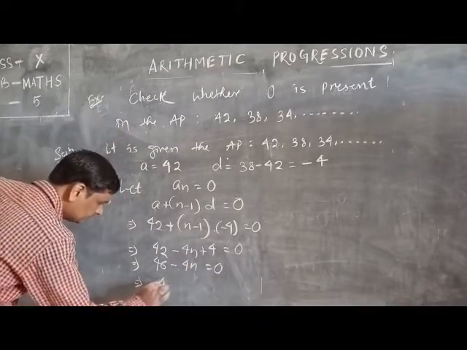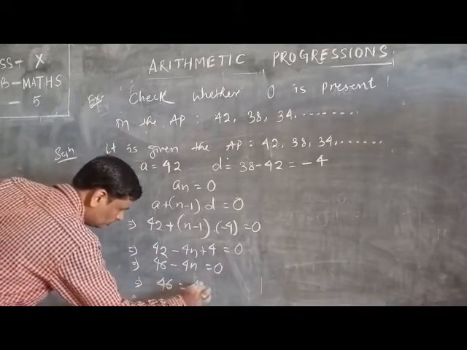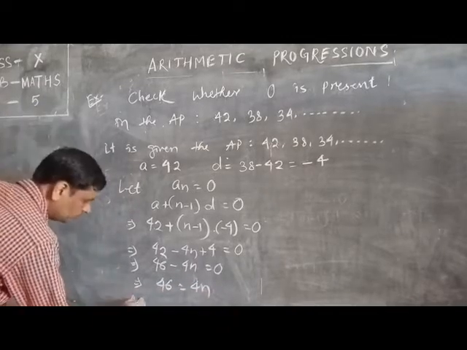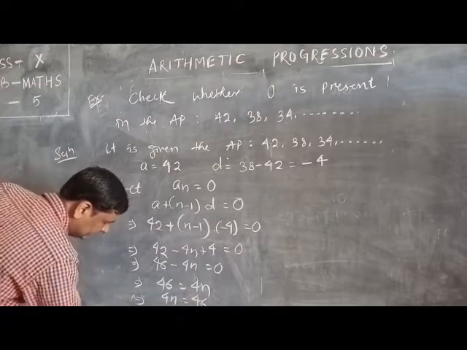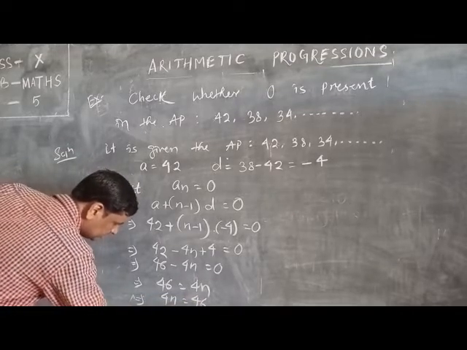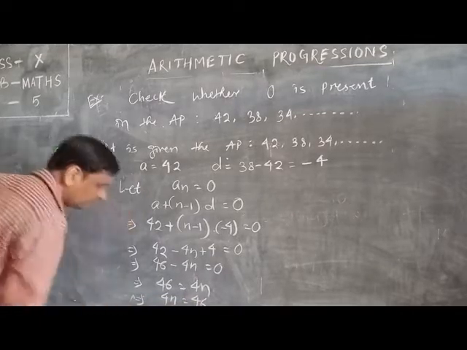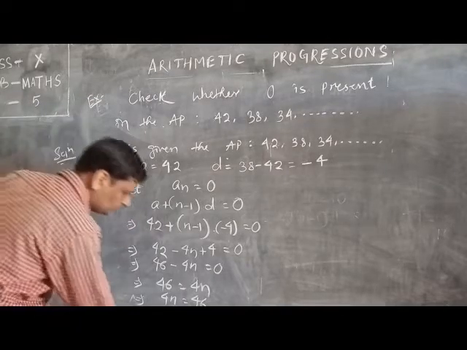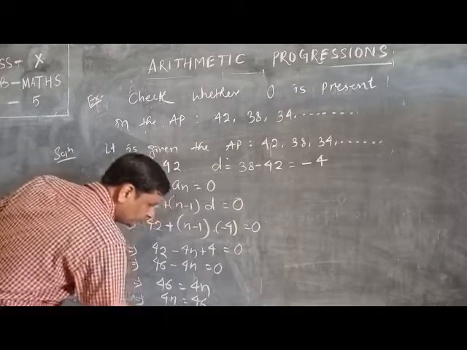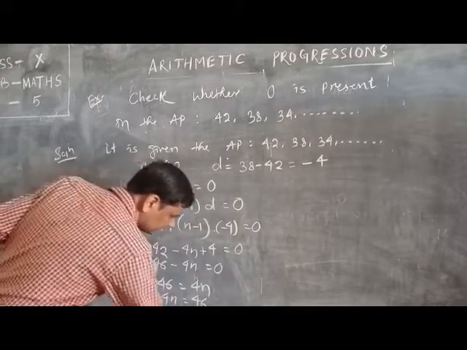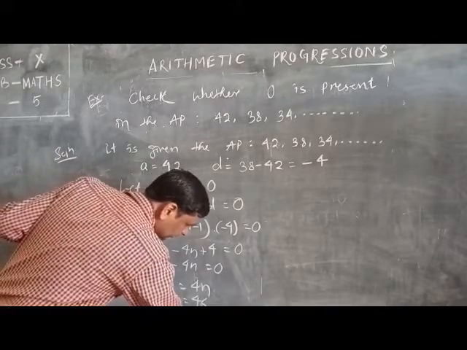If 4n is 46, then n equal to 46 by 4. 46 by 4 is equal to 23 by 2, that is equal to 11.5.